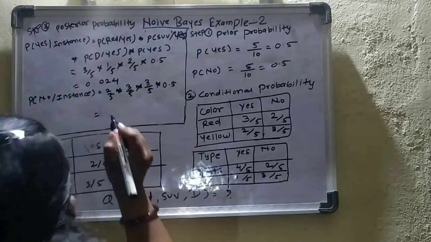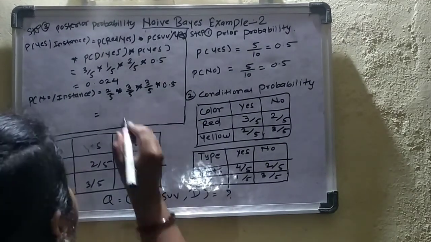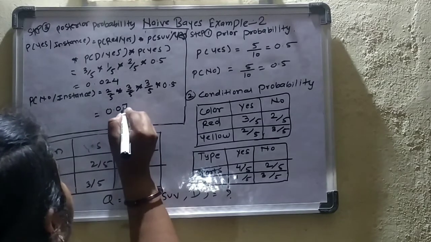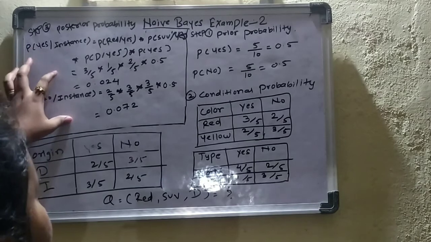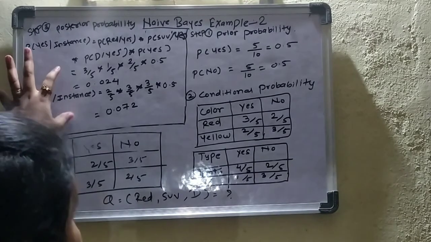So if we do all of this calculation, we will get the value of 0.072. So these are the two values that we got for probability of yes for the instance and probability of no for the instance.